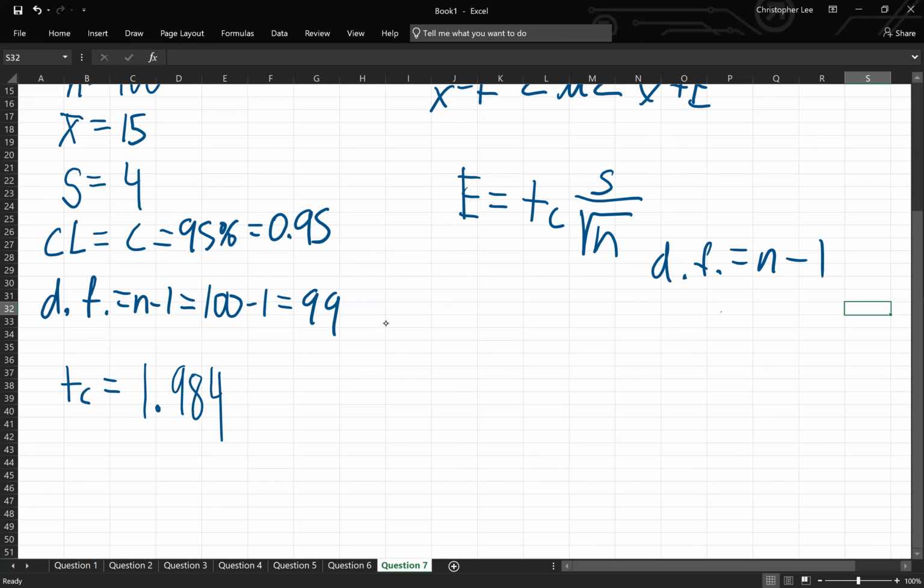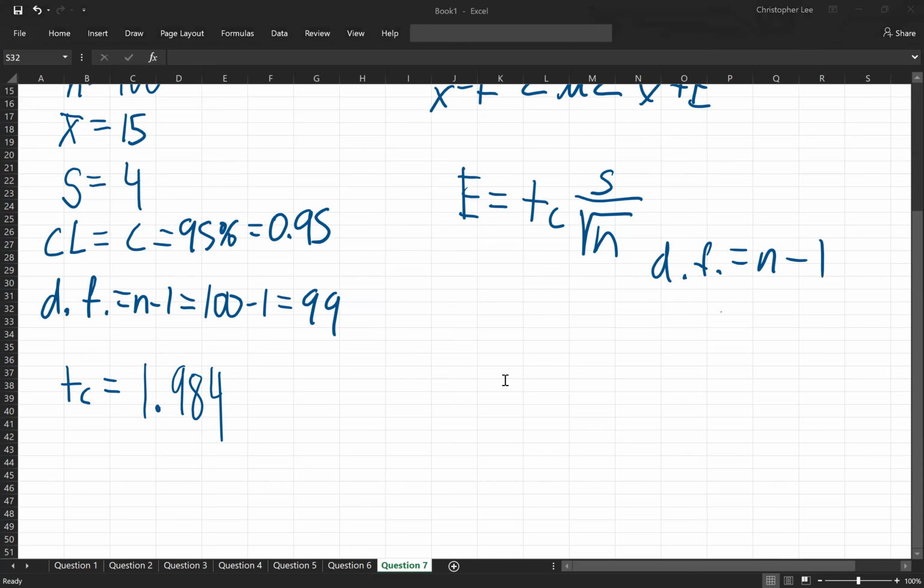So let's look at how we get this, right? Again, we're using the last table on the formula sheet. That's for the student T distribution, right? Last table.